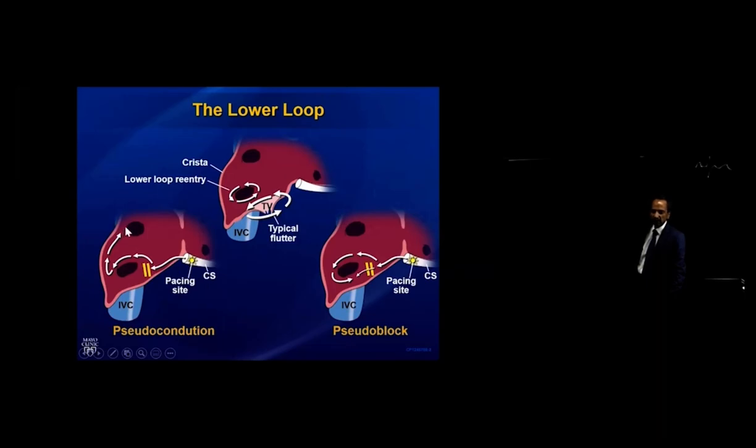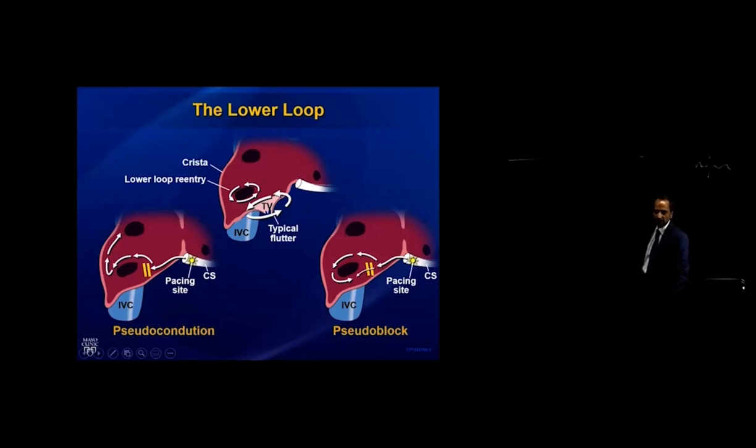What I mean by that is if we have only catheters on the free wall, even though we have a complete line of block on the cavo-tricuspid isthmus, conduction through this part of the lower loop will cause activation upward on the free wall from CS pacing, making us think that we have conduction, so-called pseudo-conduction. No need for further ablation. Solution is just bring the electrodes down here, and you'll see this part is showing a reversal of activation.